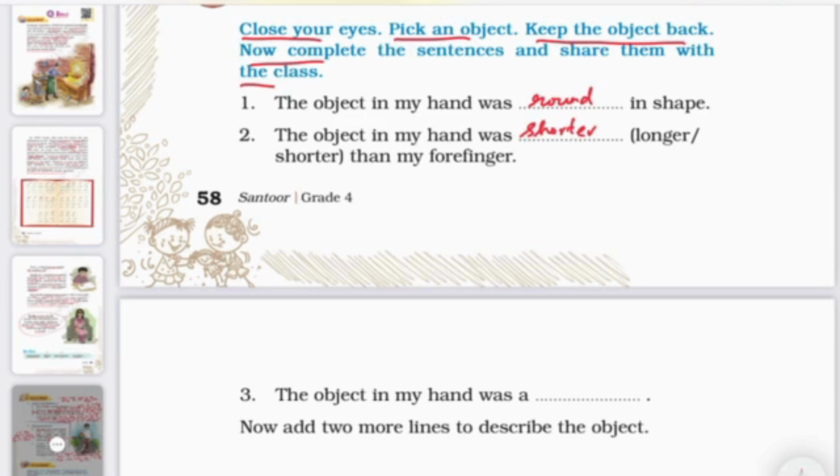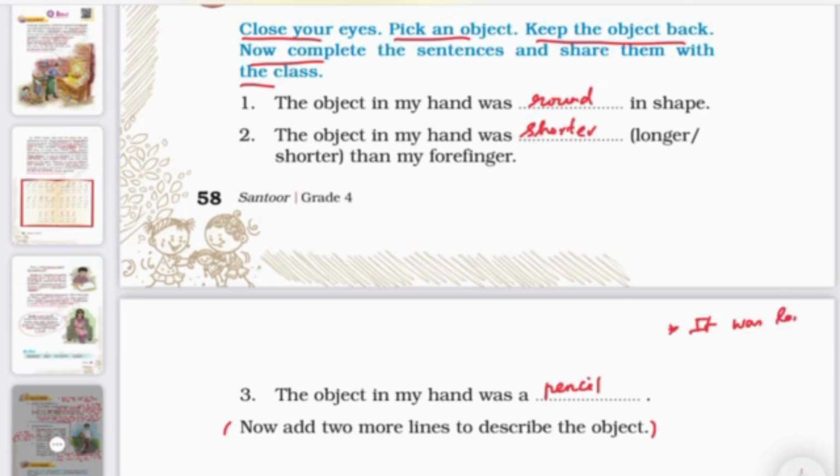Next, the object in my hand was a dash. Now add two or more lines to describe the object. For example, the object in my hand was a pencil. Now we want to write two more lines to describe the object.